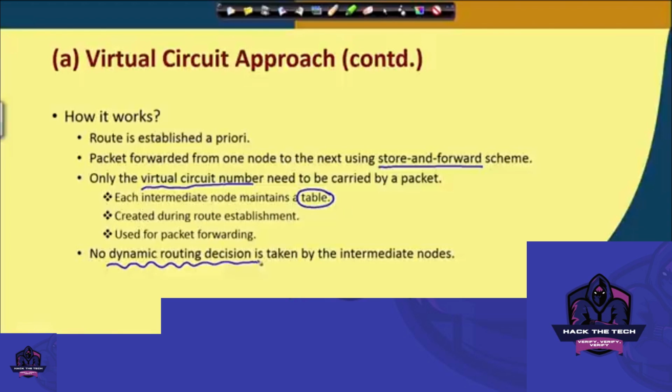This is one drawback of virtual circuit, because it is not dynamic or adaptive. It cannot adapt itself automatically in light of changing network conditions. It is static in some sense. And so, we shall be looking at the datagram approach where some of these drawbacks are not present.